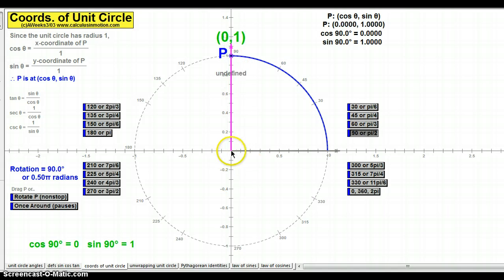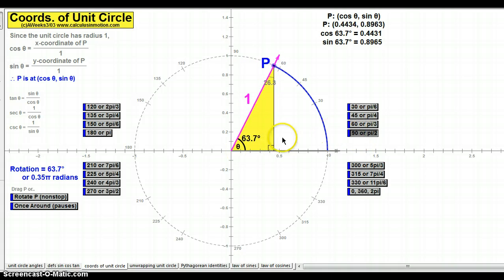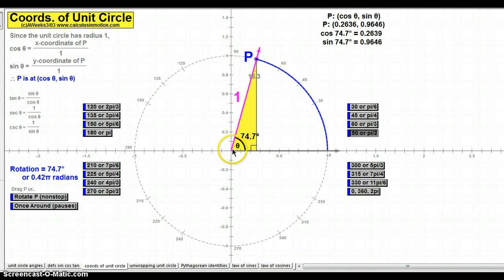Notice though that your cosine value got extremely small. As you pull around to that 90-degree mark, the x value is getting smaller and smaller and smaller, which is why cosine goes to 0 at a 90-degree measure.